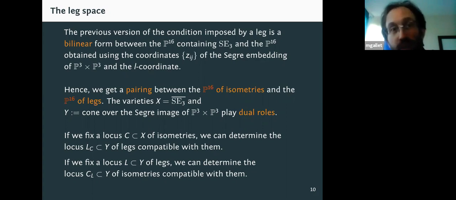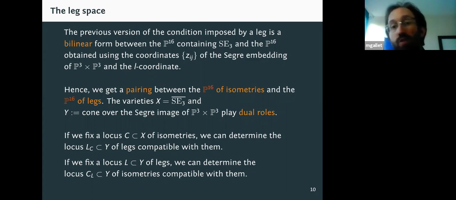And vice versa, if I start from a locus of legs, and then I take its span, I compute its dual, and I intersect it with the variety X, what I get is the locus of isometries that are compatible with the legs that I prescribed at the beginning.